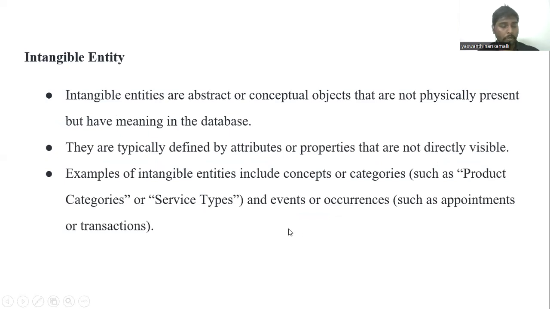Let's say I have a product called charging brick, or a mobile, or it might be AirPods. All these are products. If I want to categorize these, electronic goods, electronics. Electronics is an intangible entity.